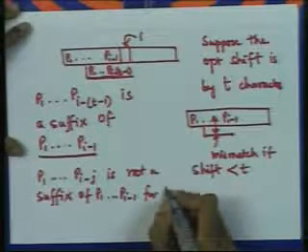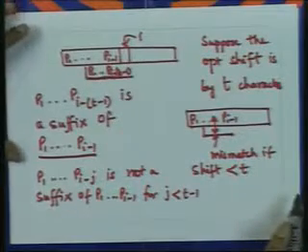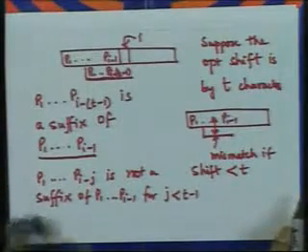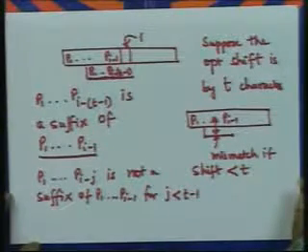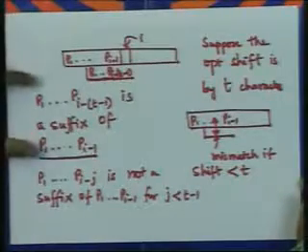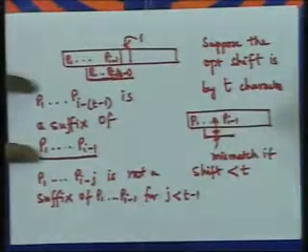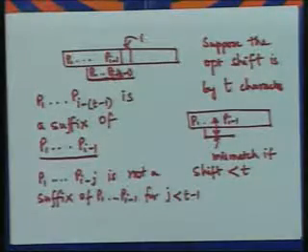So for j less than t minus 1, if the shift is less than t, then this is not a suffix. When I shift it by t units, then I have a match all the way, which means this prefix of this pattern is also a suffix of P1 through Pi minus 1.